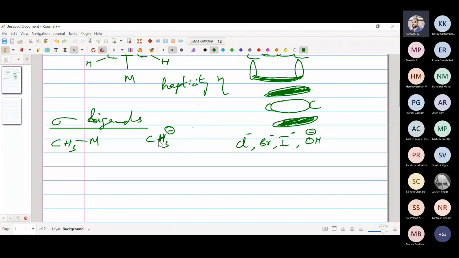So CH3 minus. Now what is this in general called? This is a methyl anion, and in general you can call it an alkyl anion. Or in other words, any metal alkyl bond will be a sigma complex.